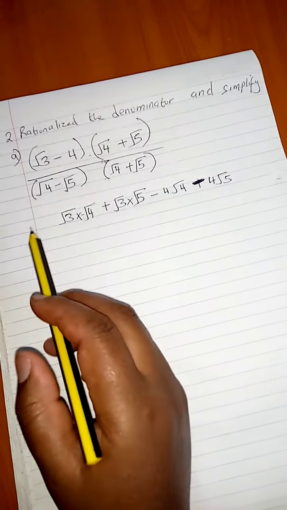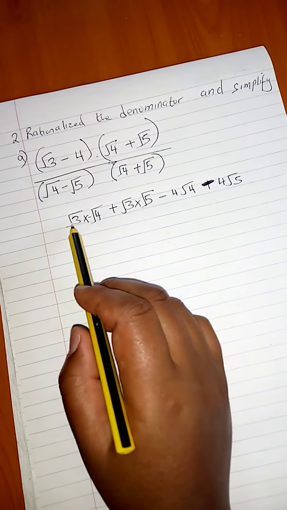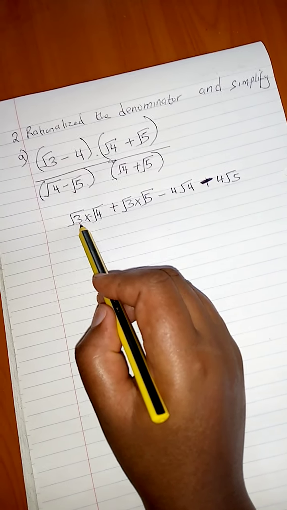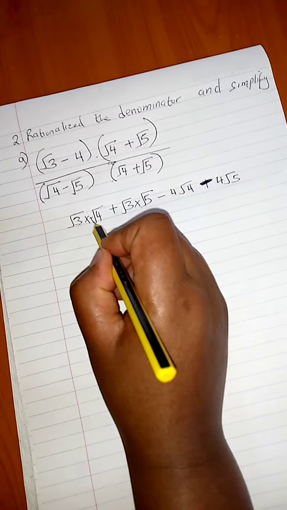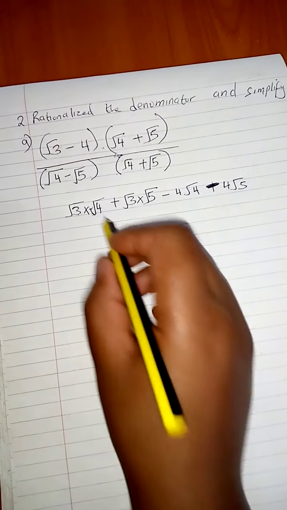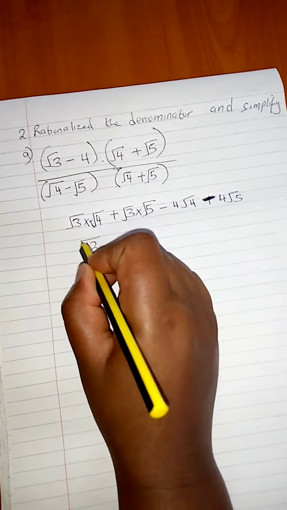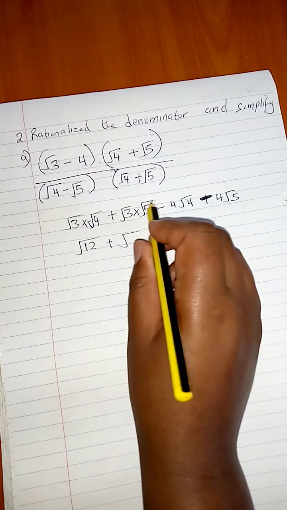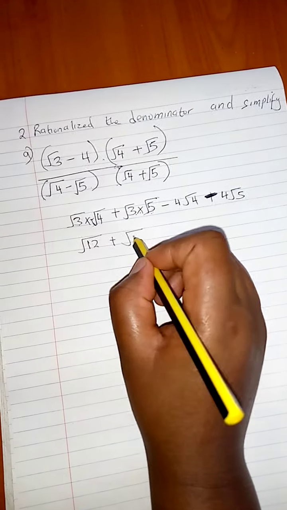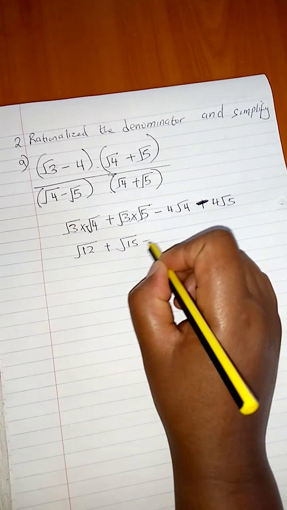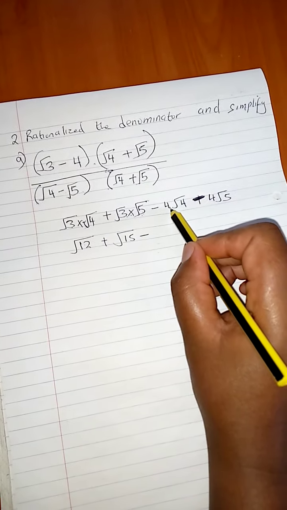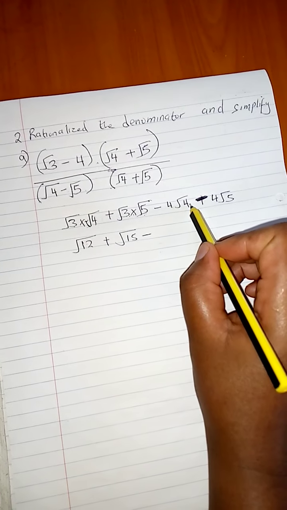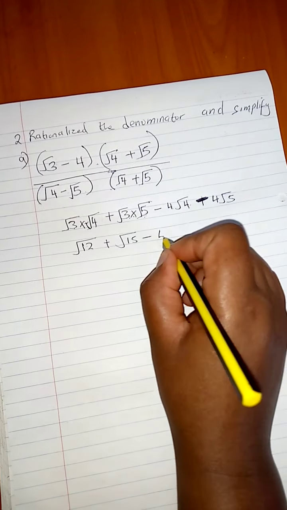For the numerator, root 3 times root 4 is equal to root 12, plus 3 times 5, they are all under the root, so you work out the number inside the bracket, which equals root 15, minus 4 root 4.